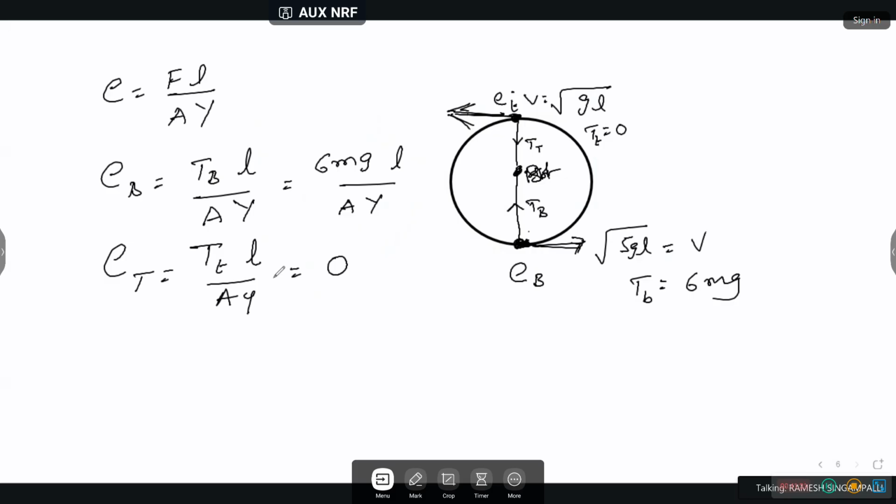Tension at any point theta is equal to what? At any point, what is the expression for T theta? I gave the types of expressions. You remembered or not, I don't know. Tension at any point theta, velocity at any point theta.